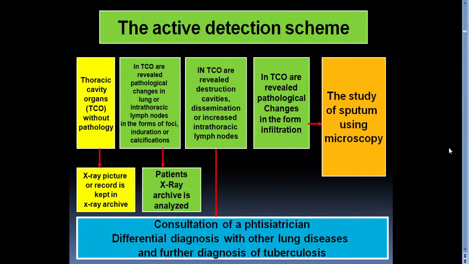If in TCO are revealed pathological changes in lung or intrathoracic lymph nodes, in the forms of foci, induration, or calcifications, the patient's X-ray archive is analyzed. If in TCO are revealed destruction, cavities, dissemination, or increased intrathoracic lymph nodes, there must be consultation of a physiatrician and differential diagnosis with other lung diseases and further diagnosis of tuberculosis.